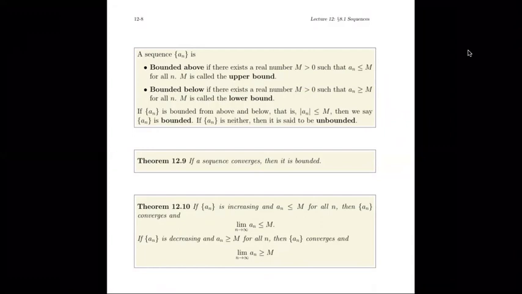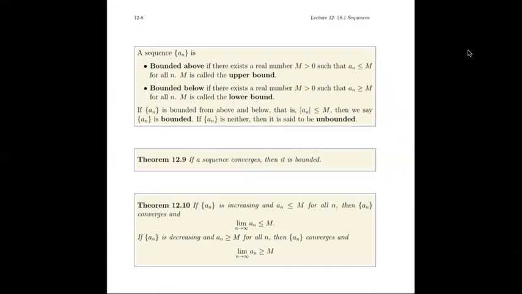So if a sequence is bounded from above and below, then we say that that sequence is bounded. If it doesn't have an upper bound, or if it doesn't have a lower bound, we'd say that it's unbounded.